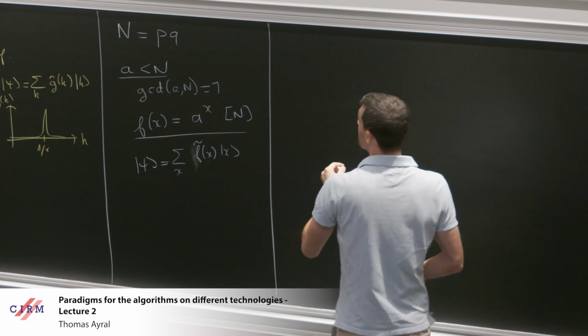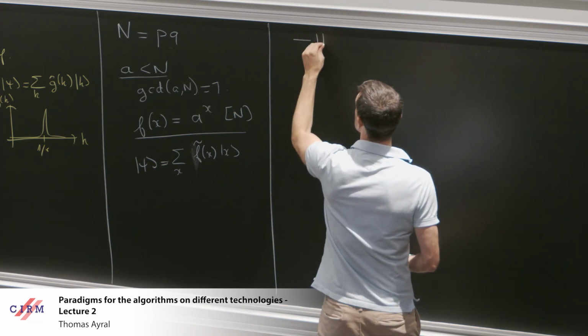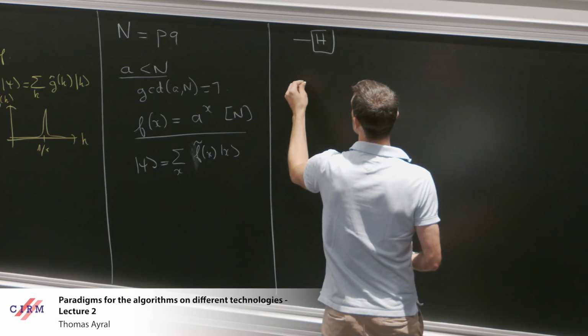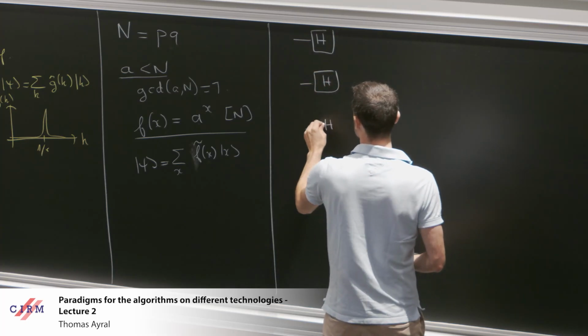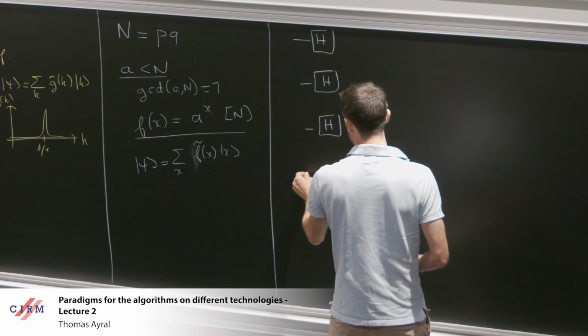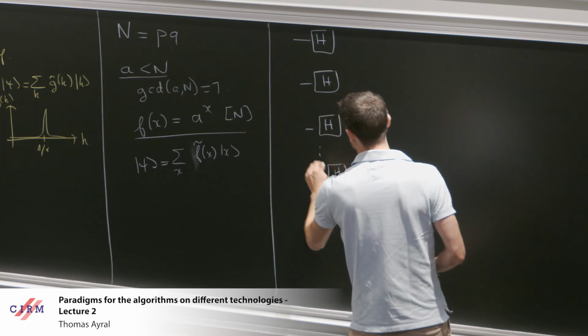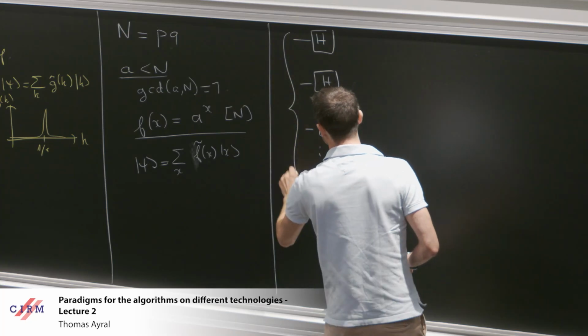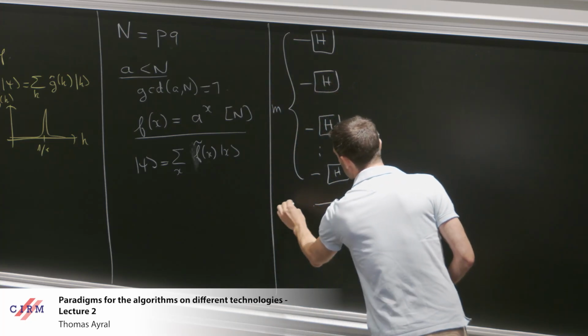And for this, I'm going to argue that the following circuit works. So I start with a circuit with a couple of Hadamard gates. Here, let's call this M Hadamard gates, and then I start with a last register starting in 0.